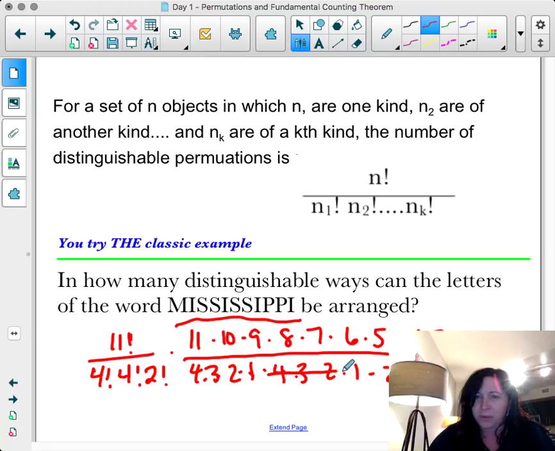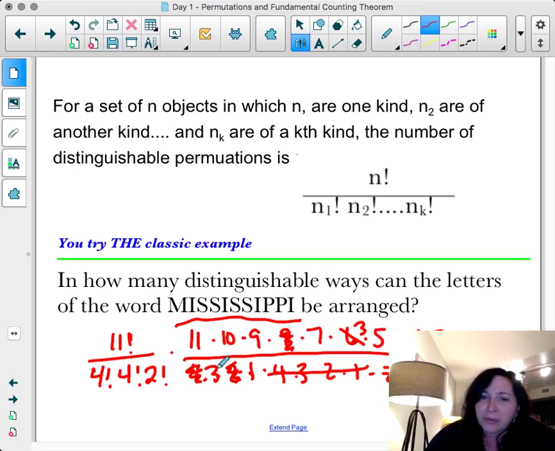So let's see, my 4, 3, 2, 1, that's gone. Let's see, 2 goes into 6 3 times. We can go 8, which is 4 times 2. So 8's gone. We have a 3 that I can cancel out with this 3 right here. So that's gone.